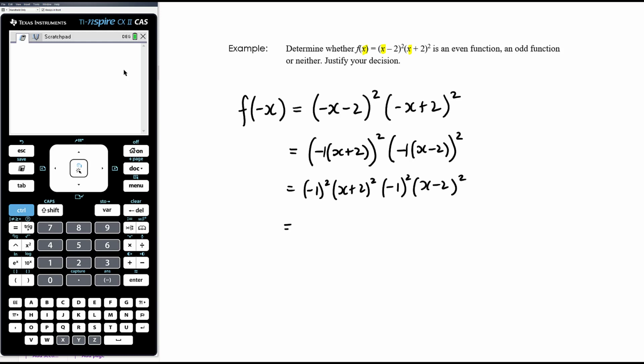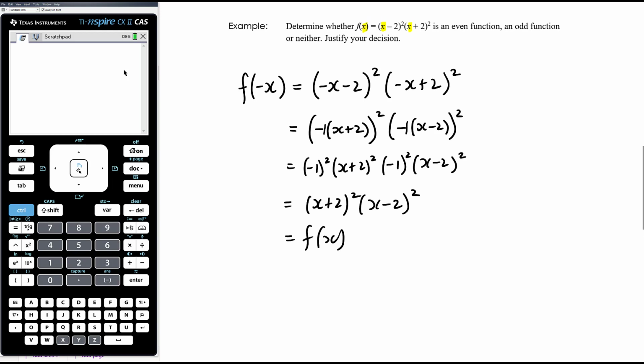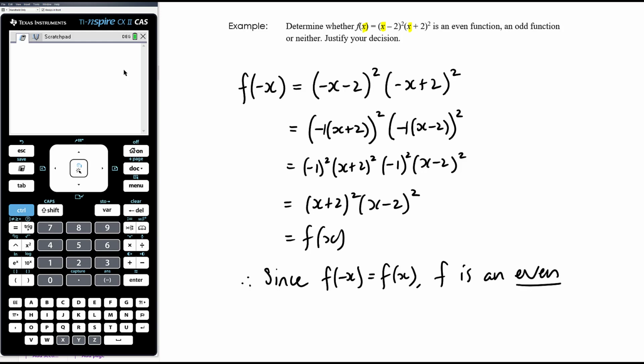The negative 1 squareds are just 1, so it's just x plus 2 squared times x minus 2 squared, which is f of x, the original function. And so therefore, since f of negative x equals f of x, f is an even function.